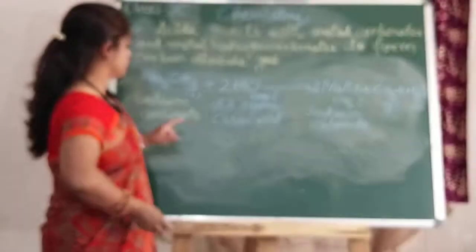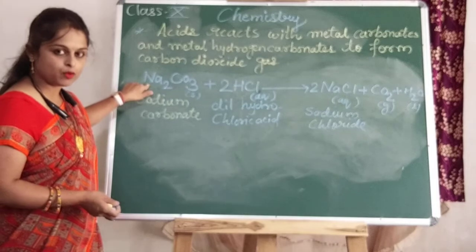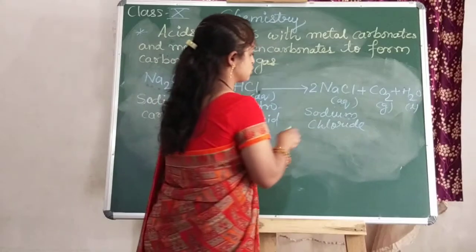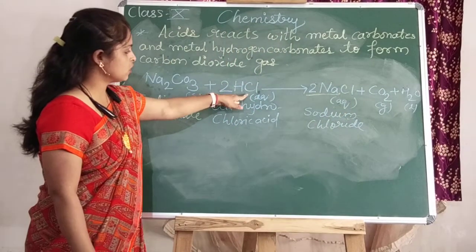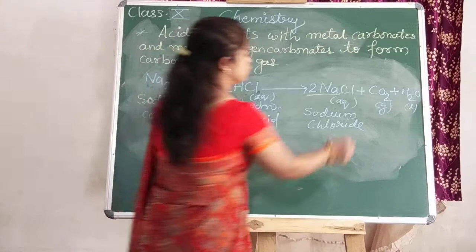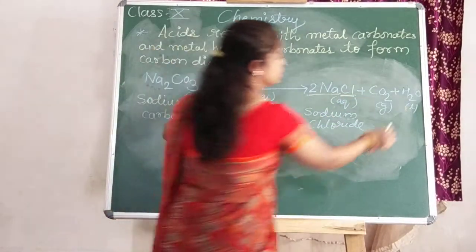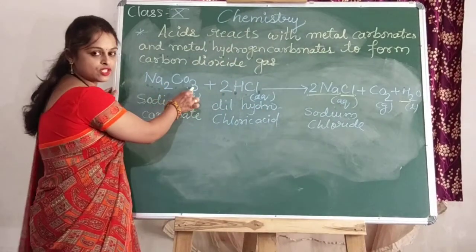Now listen one thing very carefully. Here are the number of molecules. How many sodium are here? 2. You will see that at this place also I wrote 2. Chlorine is 2. 2 chlorines are here. 2 hydrogens are here. From CO3, 3 oxygens are here.